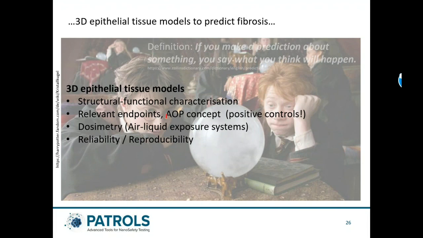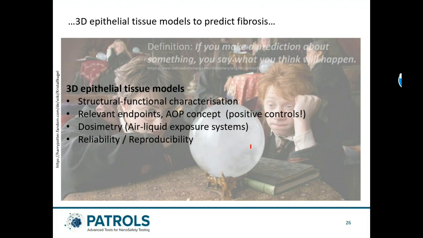And then the AOP concept really helps us to choose relevant assays for the endpoints which you all recommend us to use. And then we also need to include positive controls, particle controls and assay controls to show that the system is responsive.